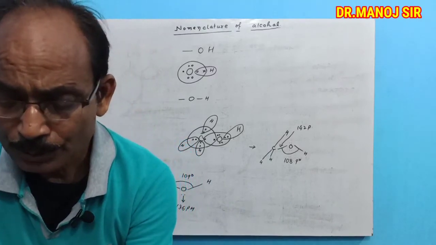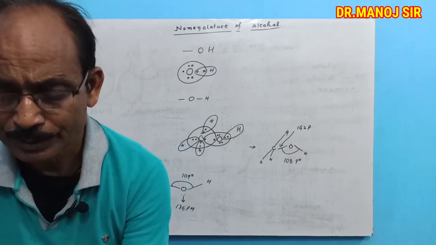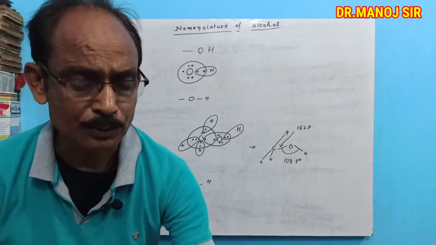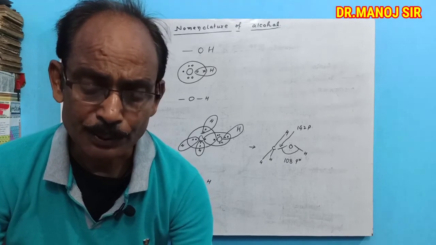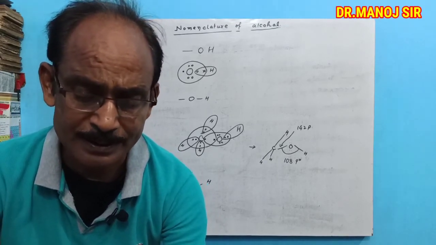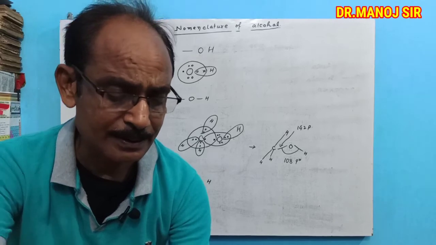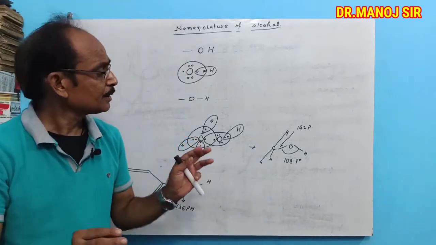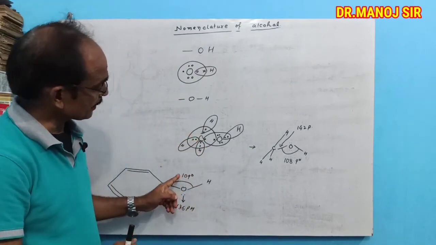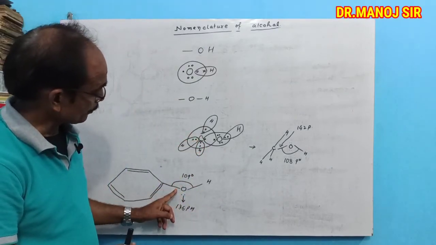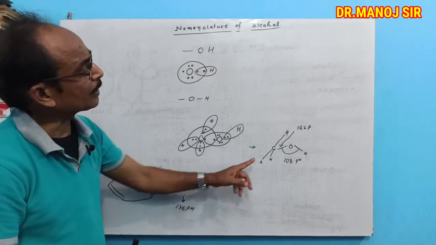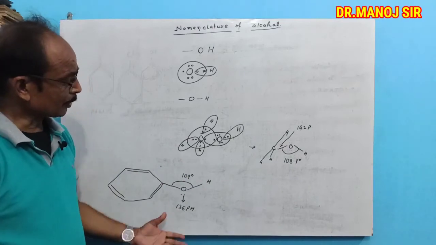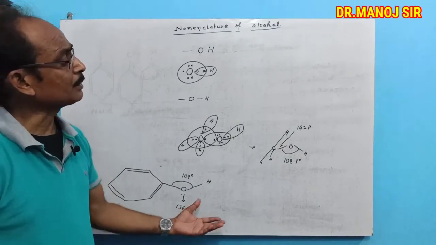According to the structures of phenol and methyl alcohol, there is a slight difference in bond angle of phenol and methyl alcohol, but the bond length is shorter than methyl alcohol.